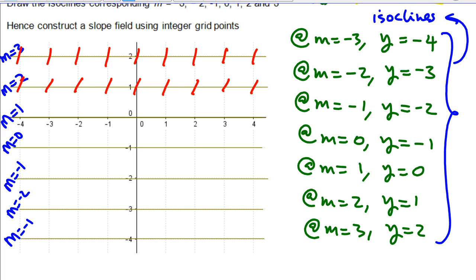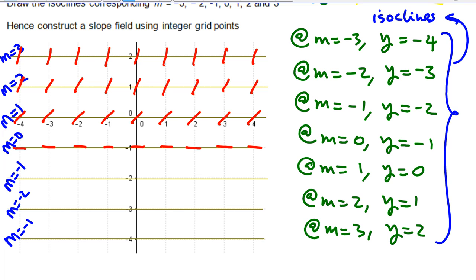The next one, the gradient is 1. The next one, the gradient is 0. Along this line, the gradient is 0.